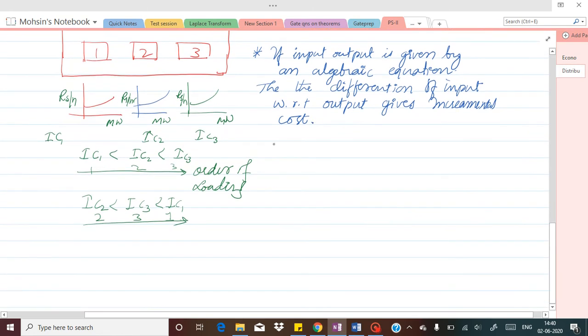Similarly, we can also obtain this incremental cost graphically. The incremental cost can be determined graphically from the input output curve: a point corresponding to the load can be located on the curve, and then the slope of the tangent at that point gives the incremental cost.